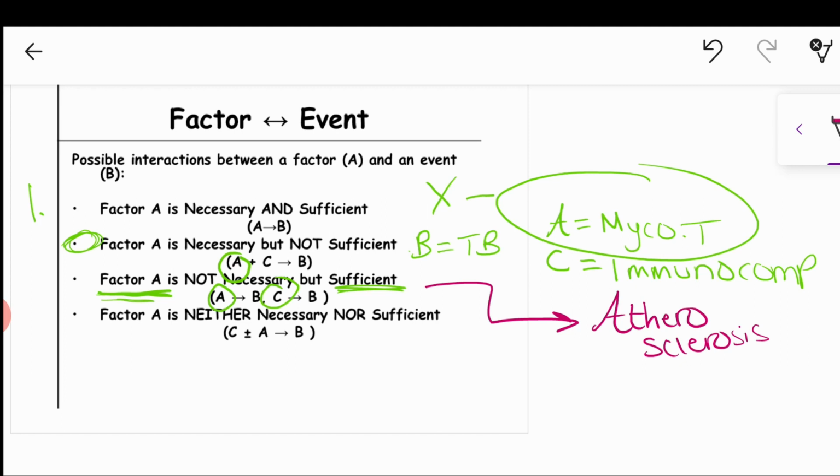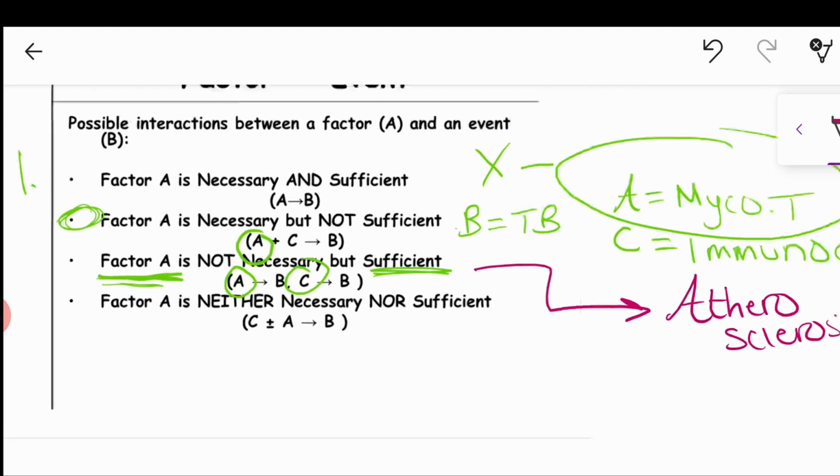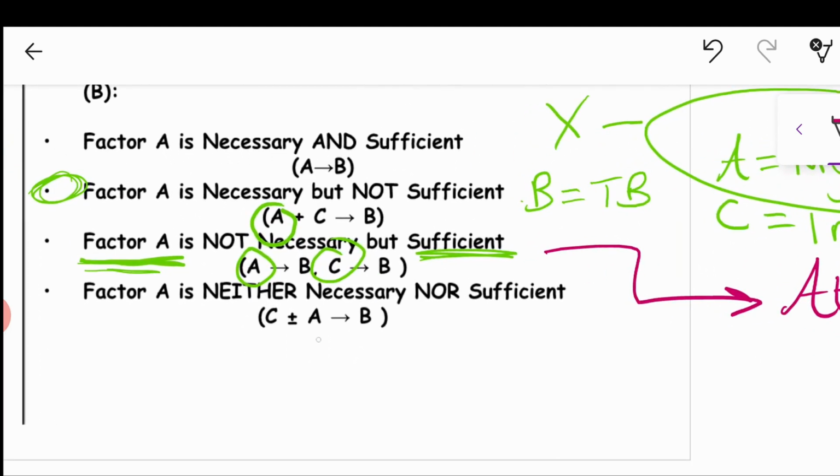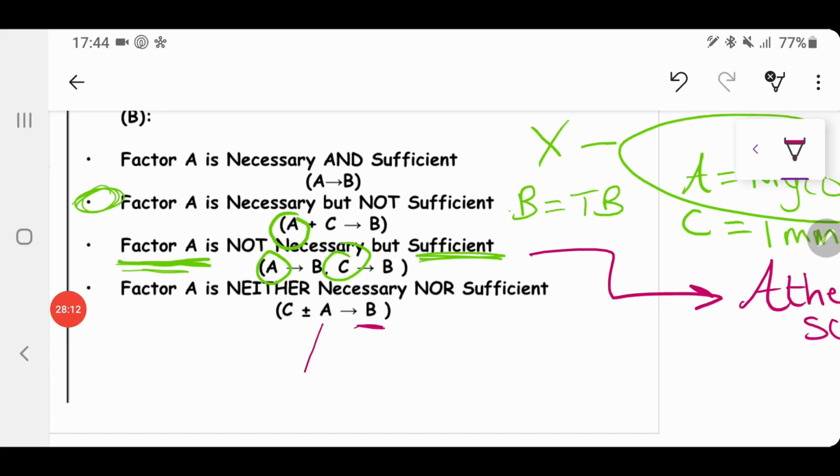So here factor A is not necessary, so A is not even needed to cause B, so we don't need A, and it is not sufficient to cause B. It wouldn't cause B if it was the sole factor.